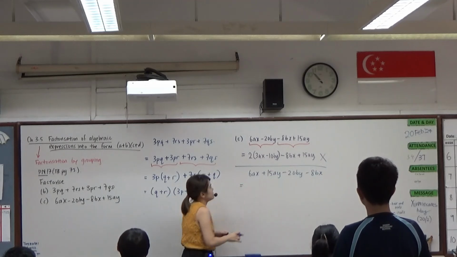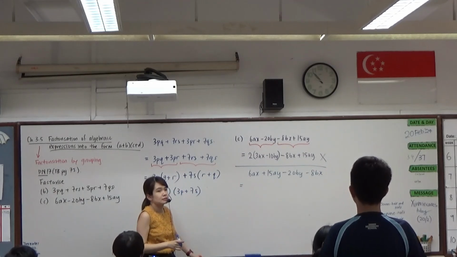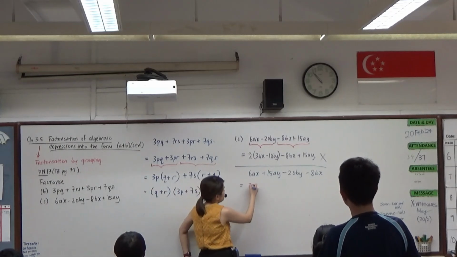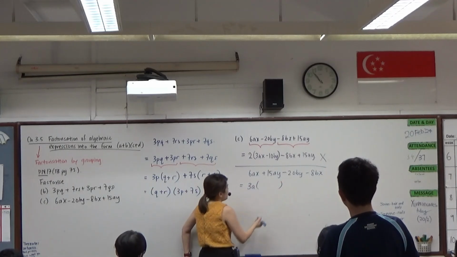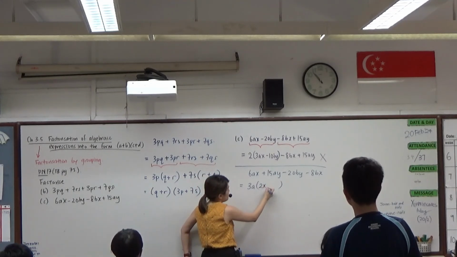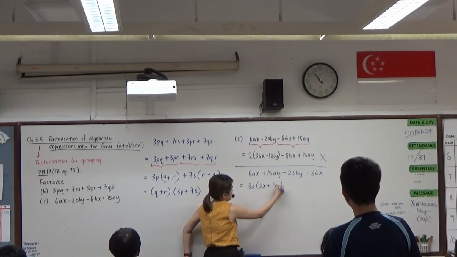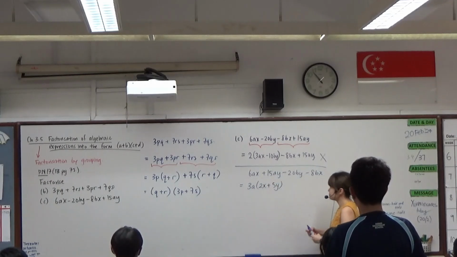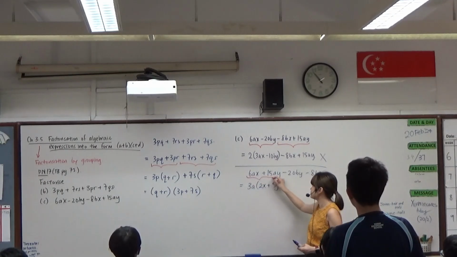And then what do we get after this? 3a, factorize out 3a, followed by the brackets. Then in the second pair, what will you get?